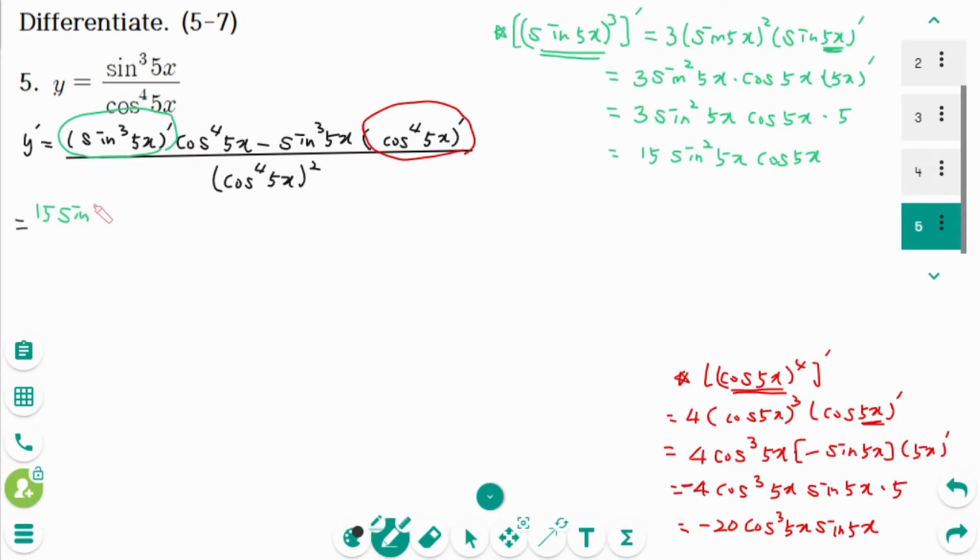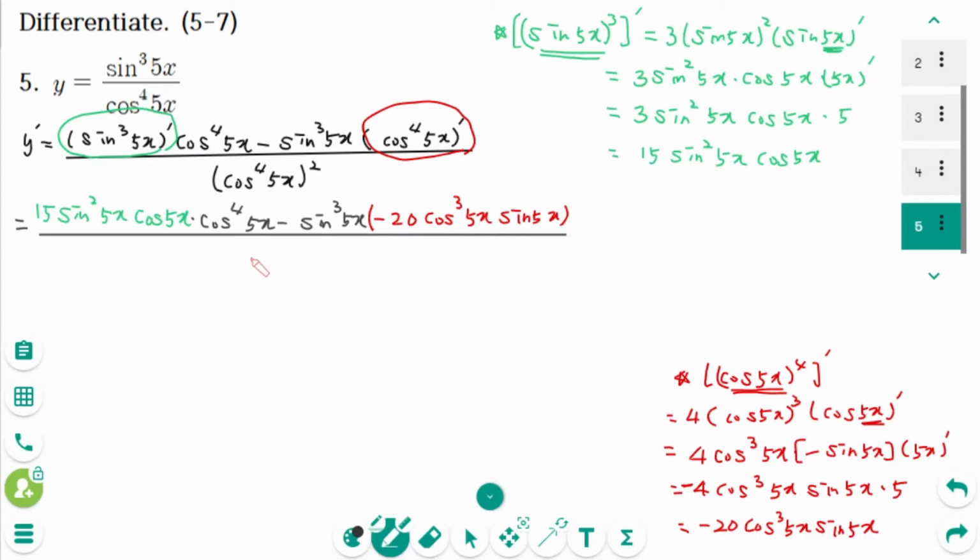[15 sine squared 5x cosine 5x times cosine to the power of 4 of 5x minus sine cubed of 5x times minus 20 cosine cubed of 5x times sine 5x] over cosine to the power of 8 of 5x.